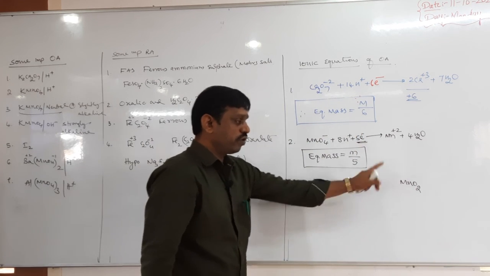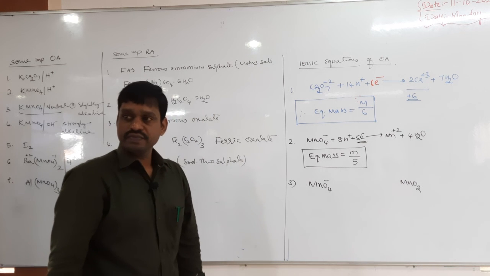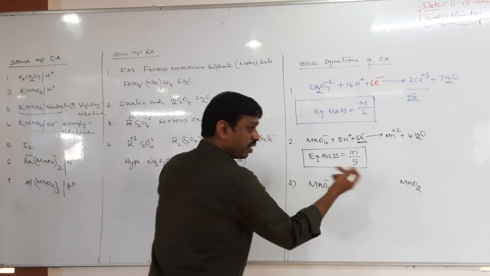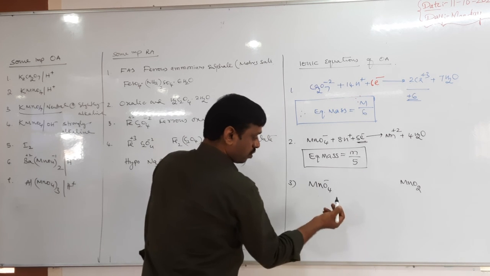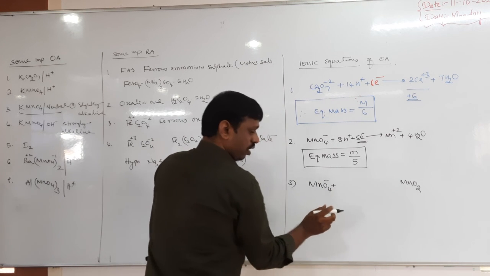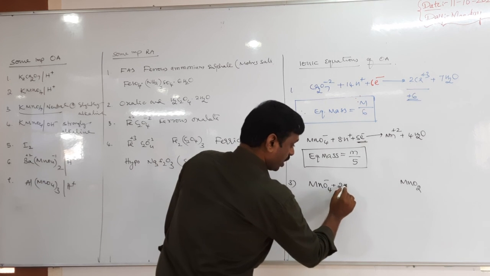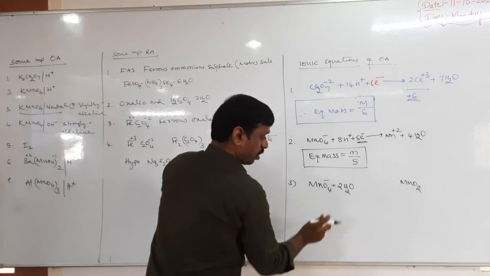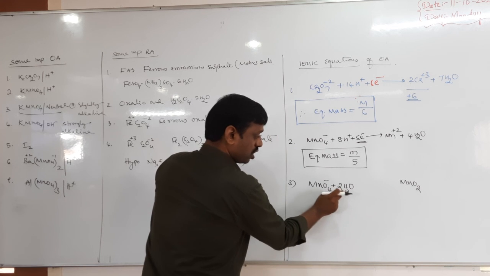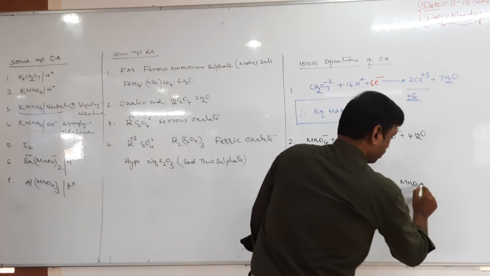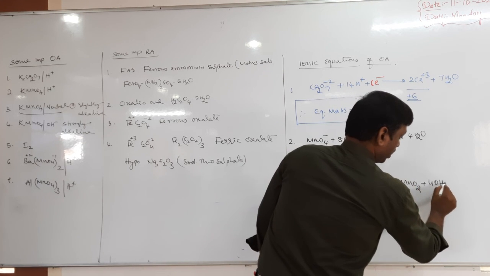To convert MnO4 to MnO2, how many oxygens should be removed? 2 oxygens should be removed. Therefore, I take here 2 H2O. So 2 times 2 is 4 hydrogens, 2 oxygens, and it becomes 4 OH−.